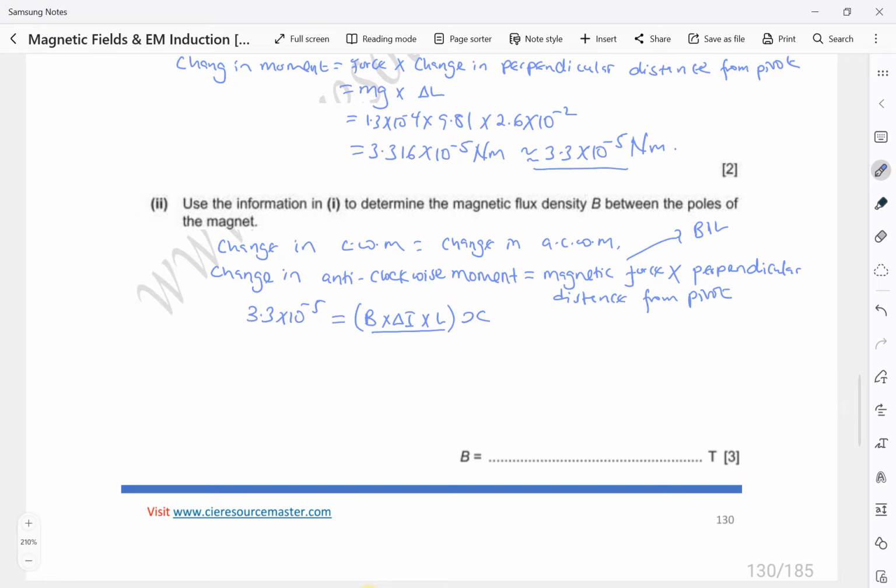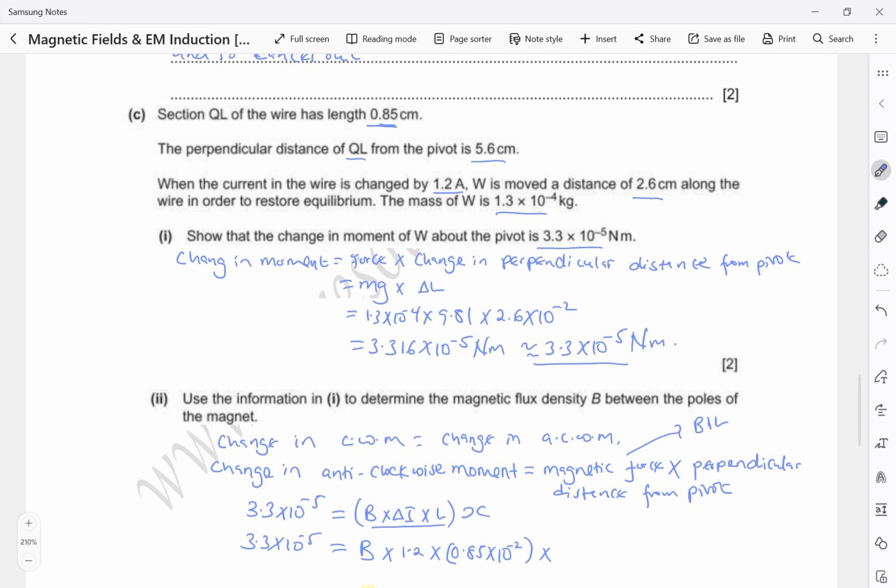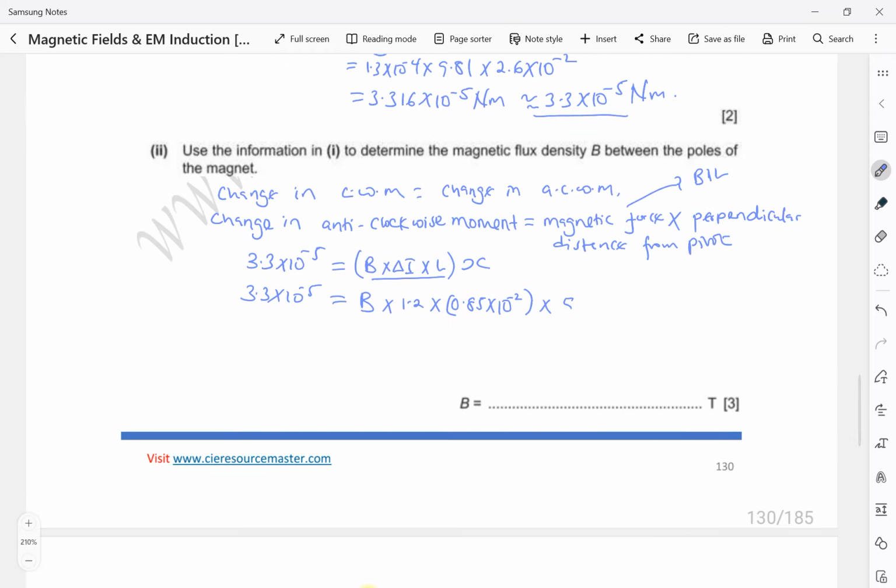So this means that 3.3 times 10 to the power of minus 5 is equal to B times the change in current, which is 1.2. The length in the magnetic field is 0.85 times 10 to the power of minus 2. Then times the perpendicular distance from the pivot. The perpendicular distance of QL from the pivot is 5.6, so this is times 5.6 times 10 to the power of minus 2. So we are making B the subject.